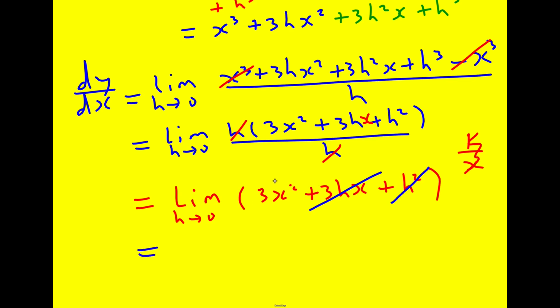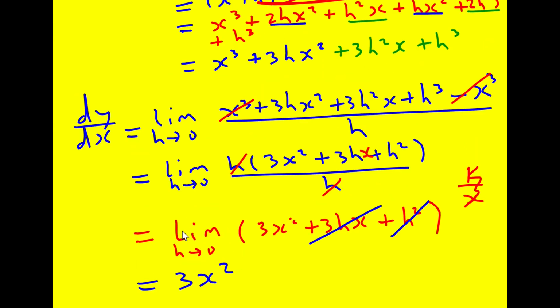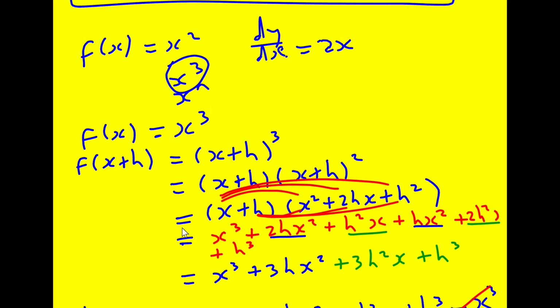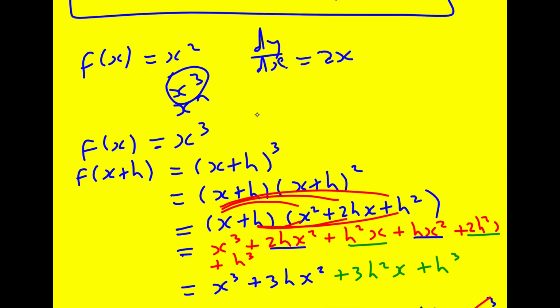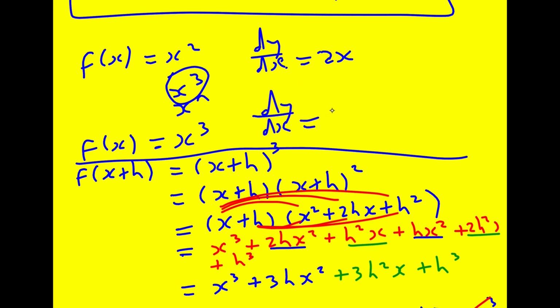But this is not affected by h tending to 0, and therefore dy by dx, the instantaneous gradient of x cubed, is equal to 3x squared. And I've worked it out. So now we've got 2 in our list. dy by dx equals 3x squared.